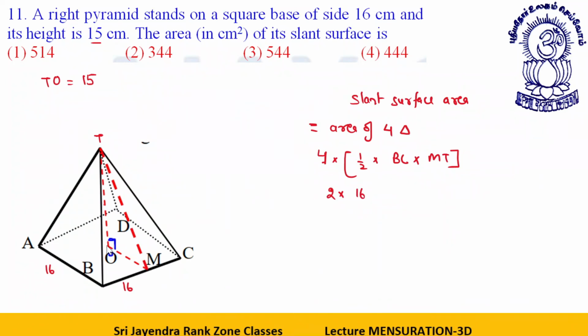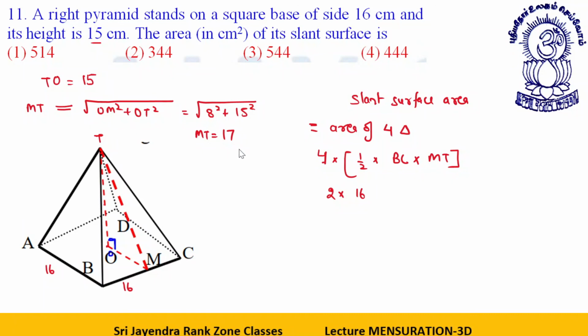How do we find MT? Dear students, MT will be under the root OM square plus OT square. OM square is 8 square. OT is already given to you, 15 square. 8 and 15 combine to form a Pythagoras triplet of 8, 15, 17.